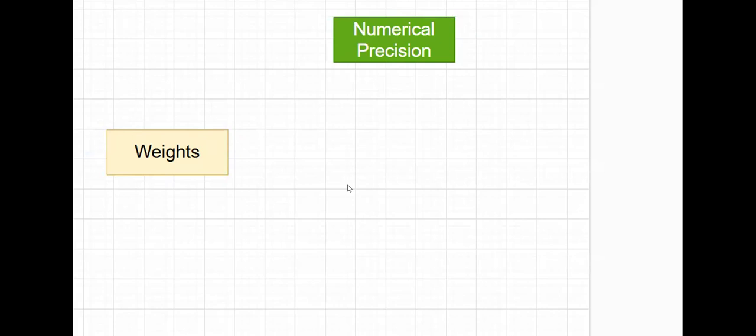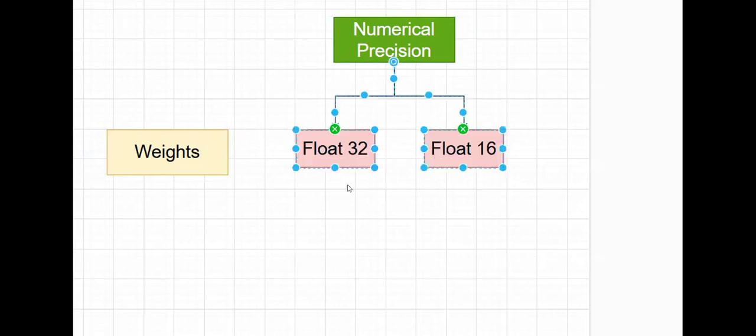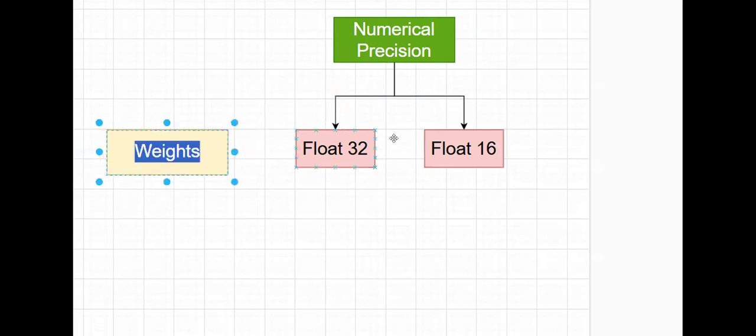So in the current condition, models store the model weights in these two numerical precision values, like float 32-bit or float 16-bit. That is, each value will be represented as float 32 bits or float 16 bits.